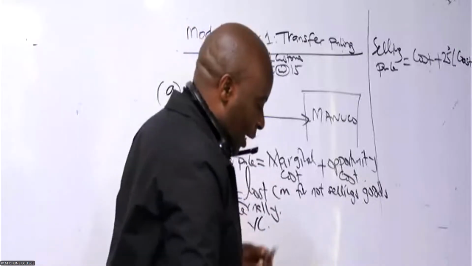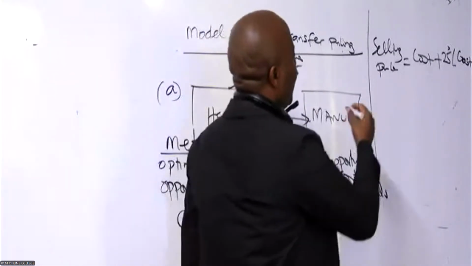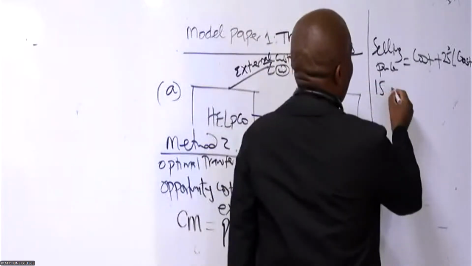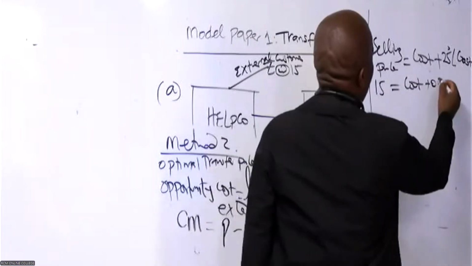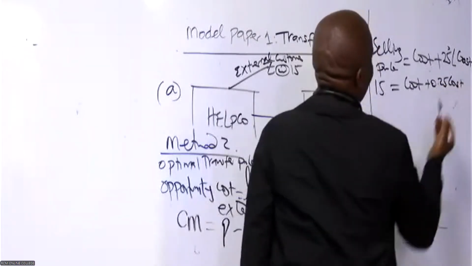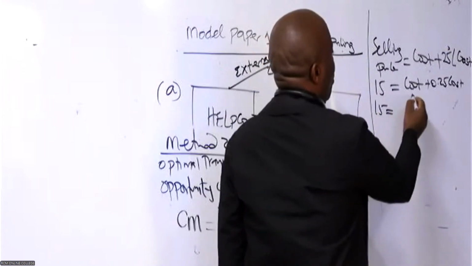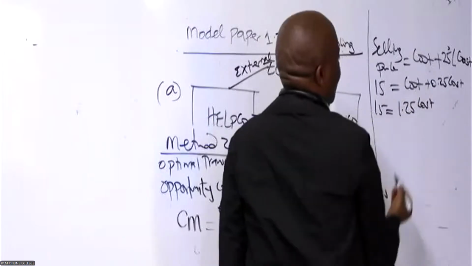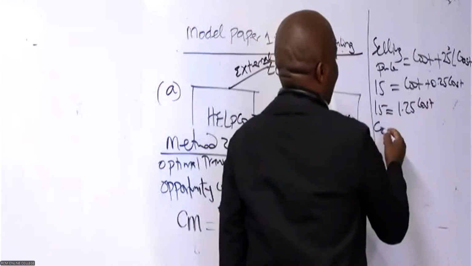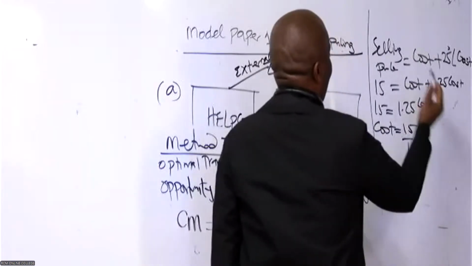The selling price here is 15. So we have cost plus 0.25 cost. Then 15 equals cost plus this, which is 1.25 cost, meaning that cost will be 15 over 1.25.